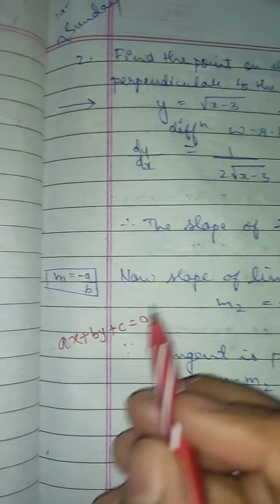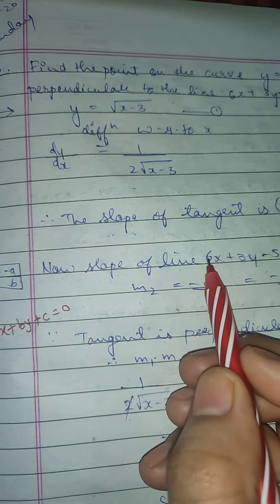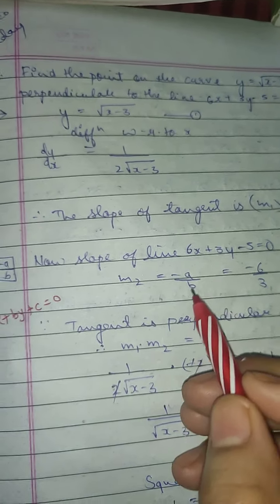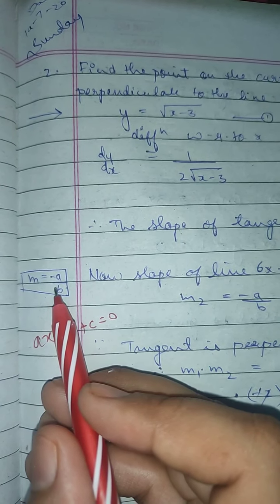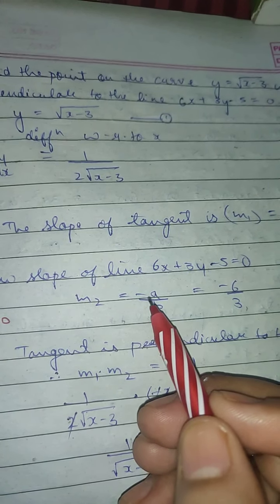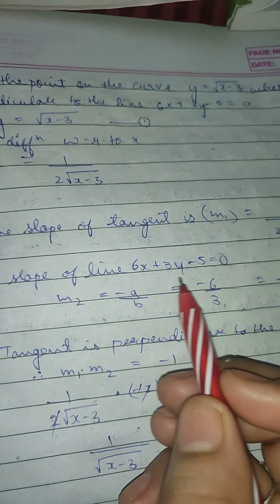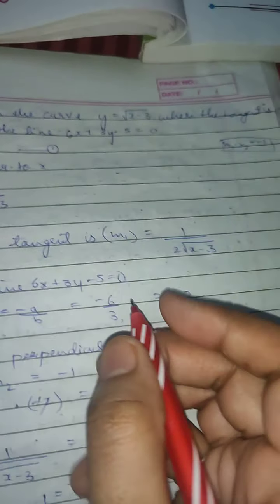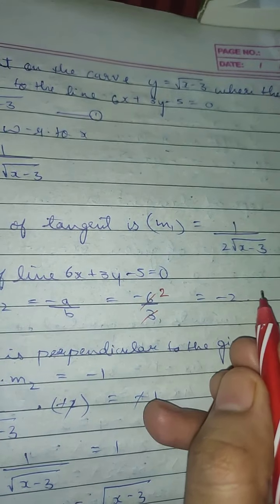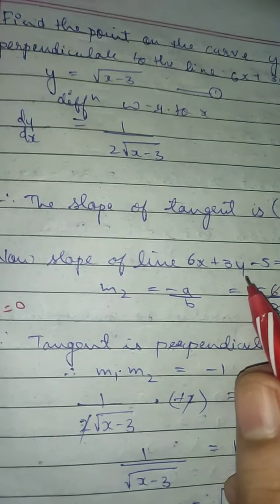So a is the coefficient of x, and b is the coefficient of y. So we find the slope by the formula minus a by b. Here a is 6, b is 3. Then we can cancel: 3 ones are 3, 3 twos are 6. So minus 2 is the slope of this line.